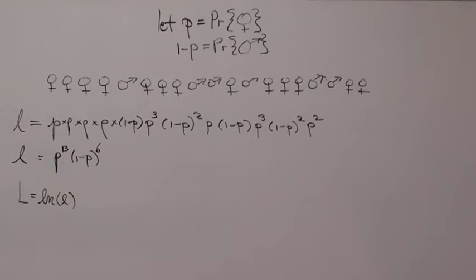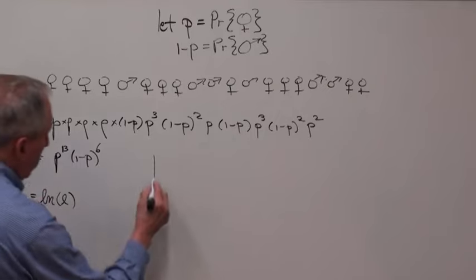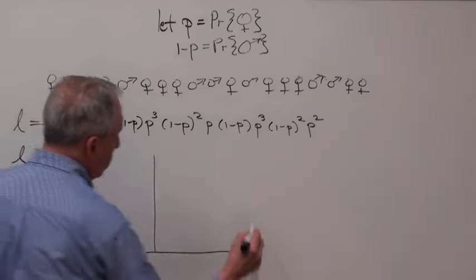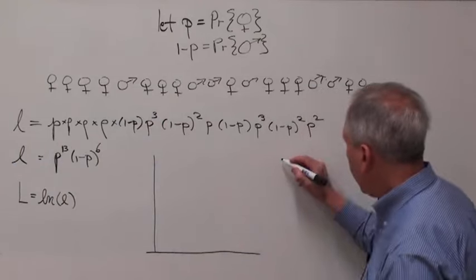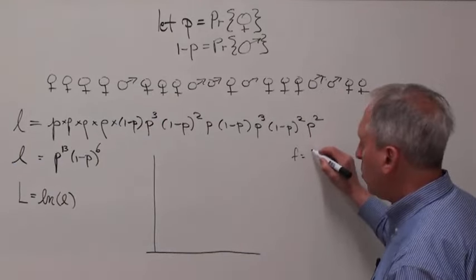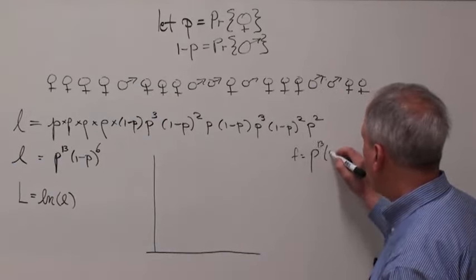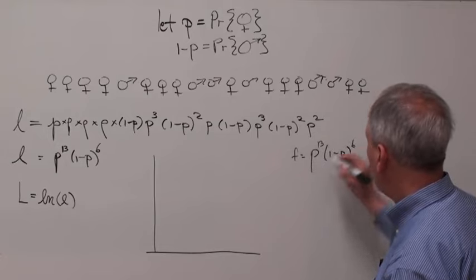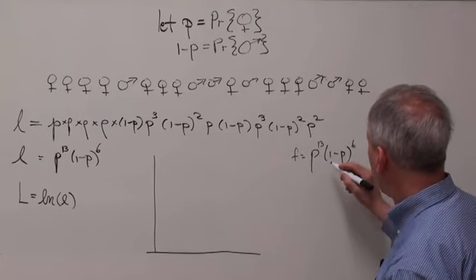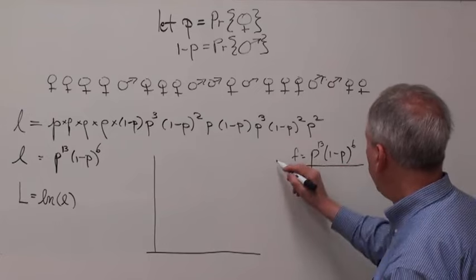But if you don't remember calculus at all, what could you do? Well, another thing you could do is take different choices for p, write down the function p to the 13th times 1 minus p to the 6th, and evaluate it for different values of p.